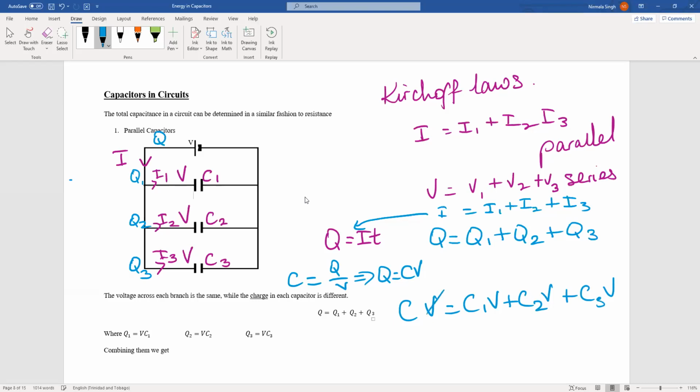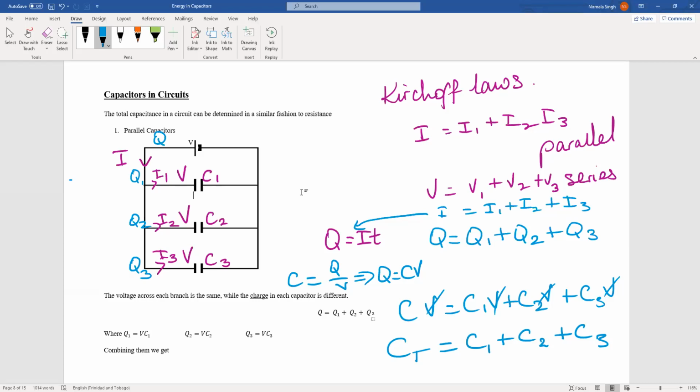Our V is a constant. Why is it constant? Because we are in a parallel circuit, so our voltages are the same across each branch. So we can cancel that out and we can get our total capacitance is just the sum of your capacitors in a parallel circuit. Notice this is the exact opposite of your resistors.